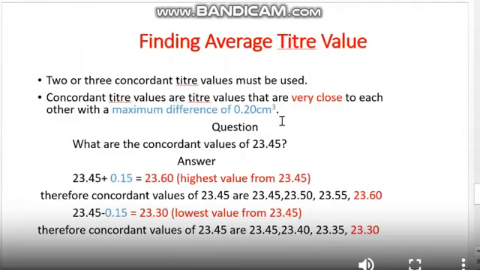So the difference can be 0.10 cm³, 0.15 cm³, or 0.20 cm³. The difference between the two or three numbers representing your concordant titer values should not exceed 0.20 cm³.